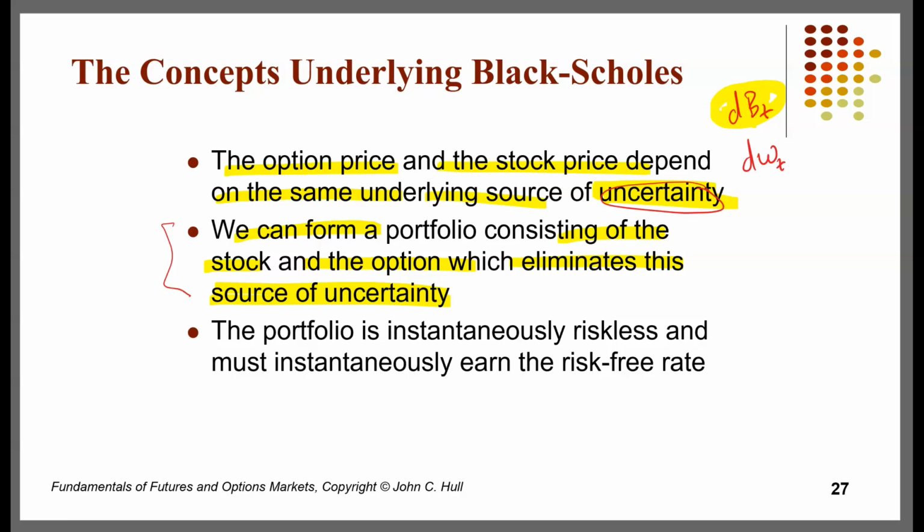You construct a risk-free portfolio that earns you the risk-free rate of return, and in doing so, you're eliminating uncertainty, because when you have no risk, you have no uncertainty. By constructing a hedge portfolio, you're able to get rid of this dWt or this dBt. But what you obtain there is the Black-Scholes partial differential equation.